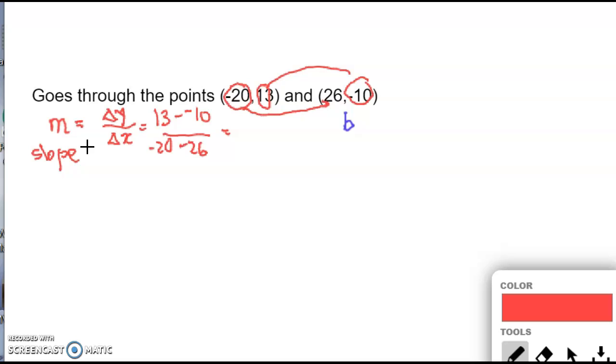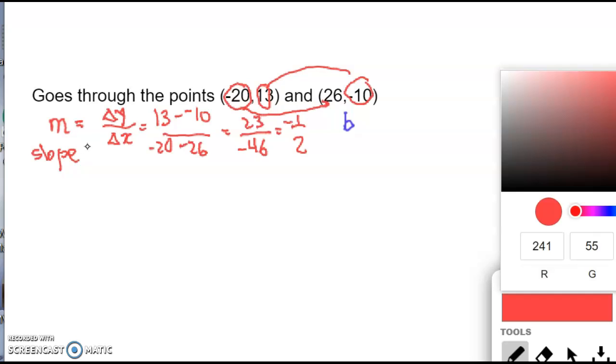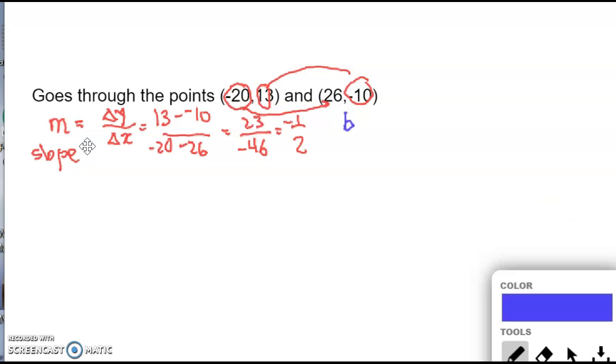So 13 plus 10 is 23, divided by negative 20 minus 26 becomes more negative, so negative 46. And can I simplify this further? 23 over 46. Hopefully you are seeing that they are double of each other. So if I divide both by 23, I am going to get 1 over 2. So that's negative 1 over 2. So I figured out what m is.